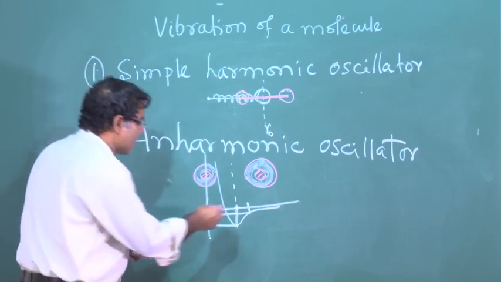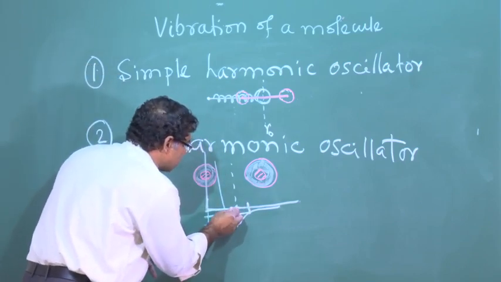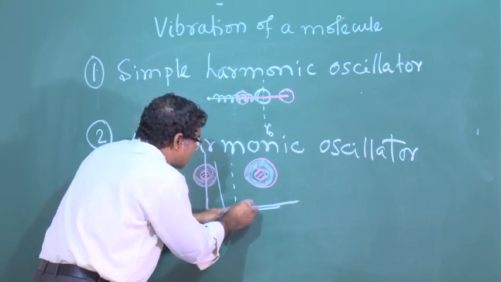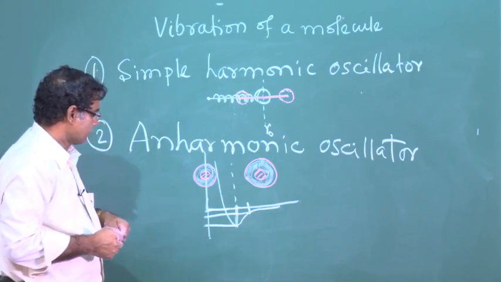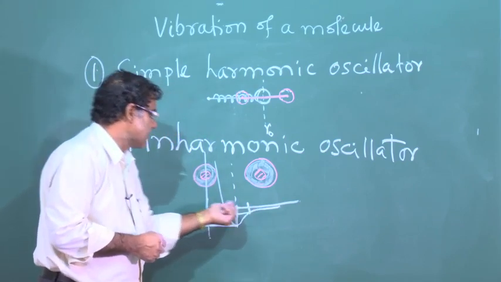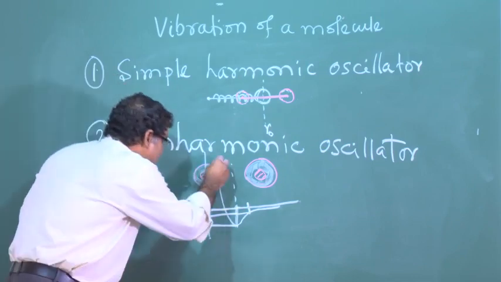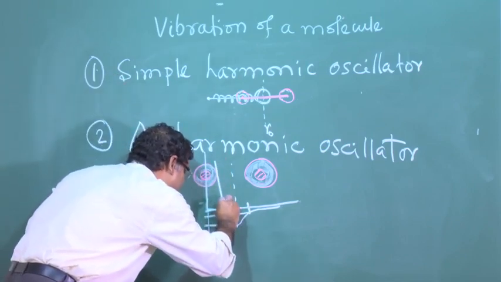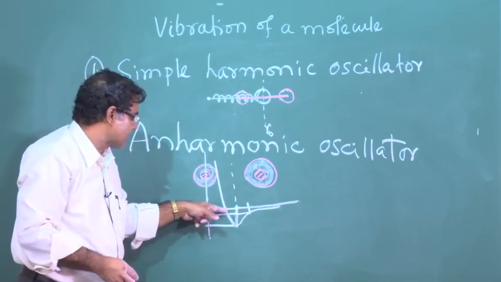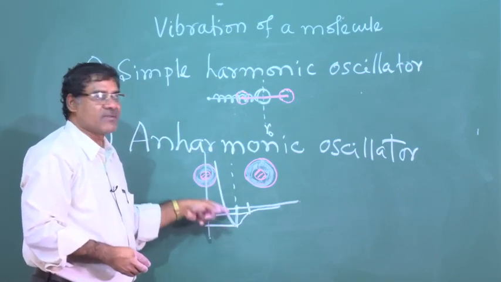Okay. So, the energy change is not symmetric due to compression and due to the expansion. The reason is that on this side, as I told, the rate of change of energy is very high.